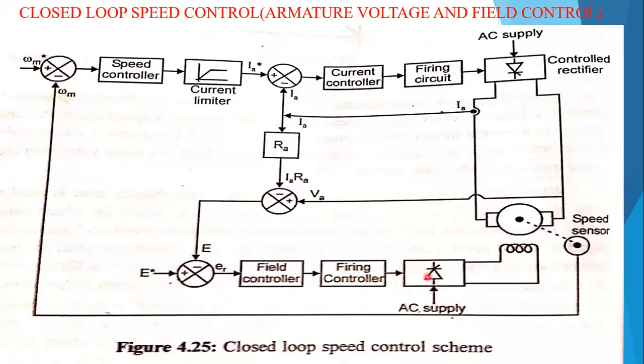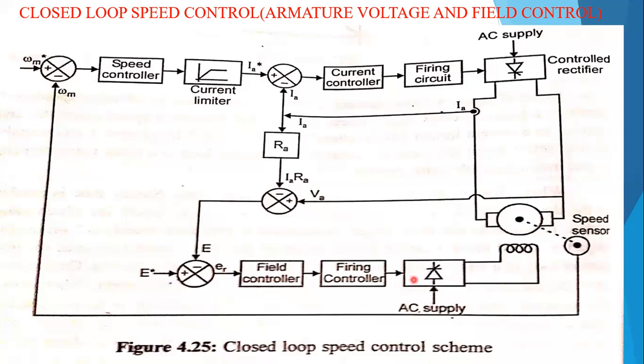With alpha F equal to 0, rated voltage is applied to the field winding. This ensures rated field current for the motor operation below rated speed, below base speed.